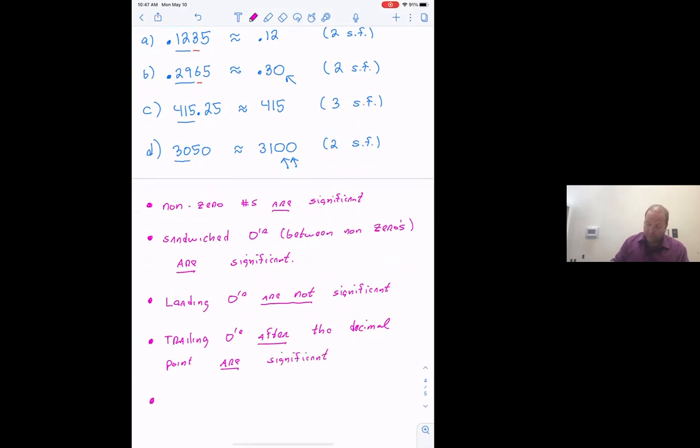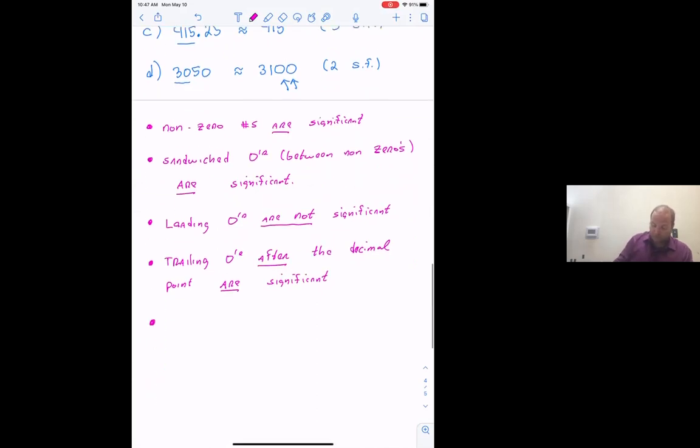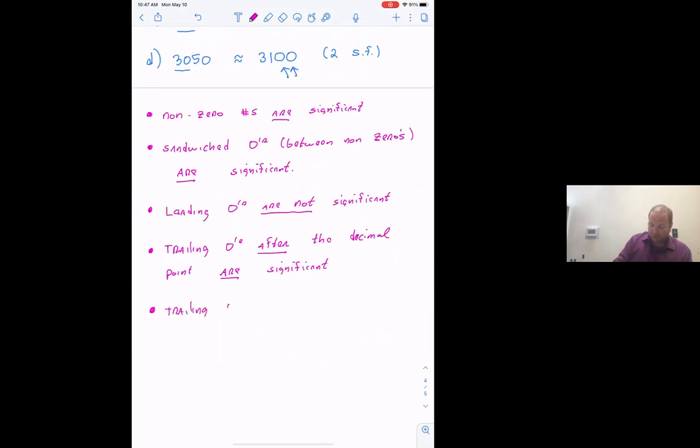And finally, number 5, trailing zeros with no decimal point, like the one we have above, may or may not be significant.